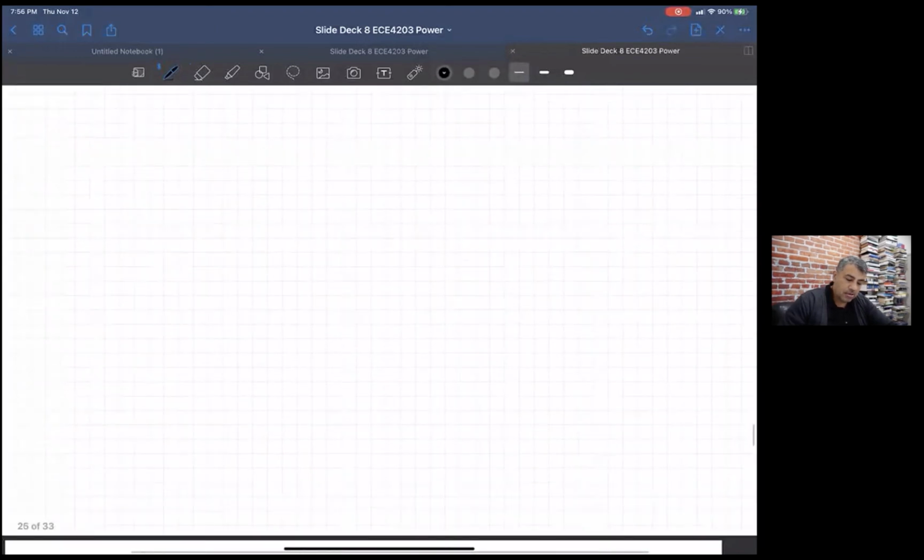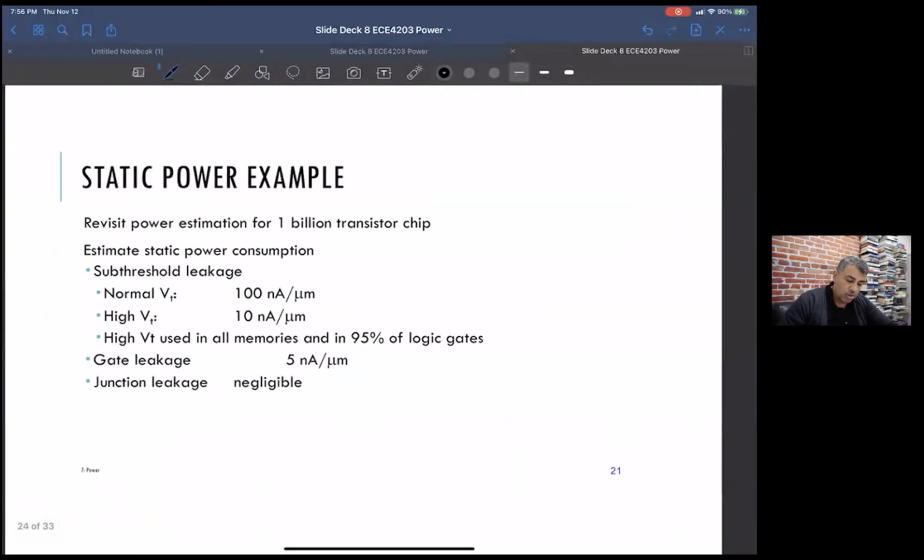Furthermore, it's saying that we have two types of VT devices on this process. That's another thing you see quite often to save power consumption.